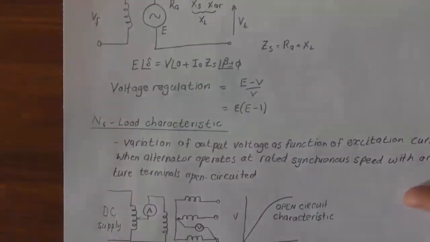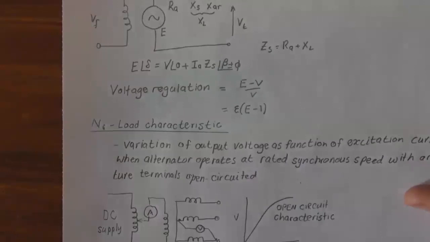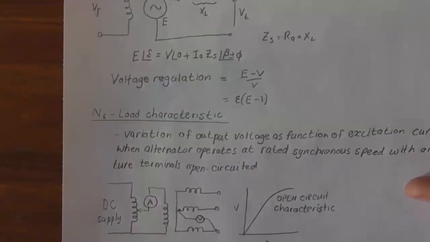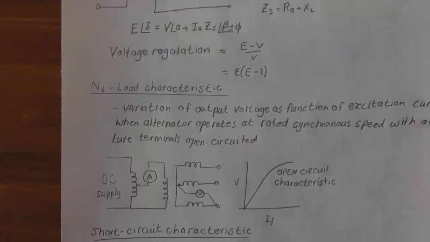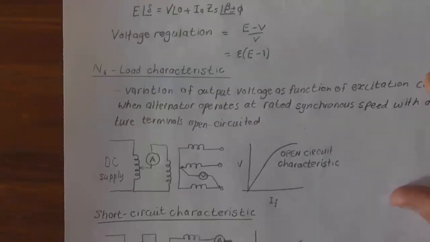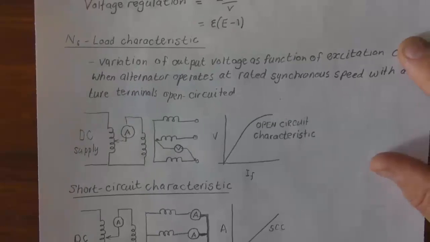So therefore, we can say that E angle delta is V plus IA ZS angle beta plus or minus phi. And the voltage regulation is E minus V divided by V, or in per unit, it will be per unit E minus 1.